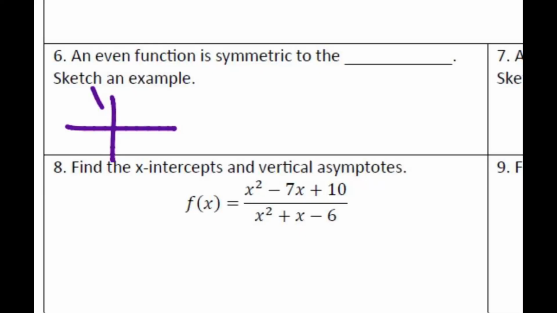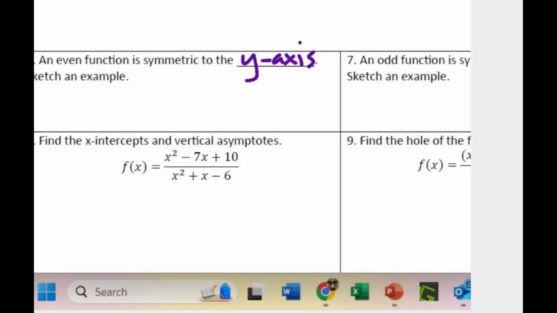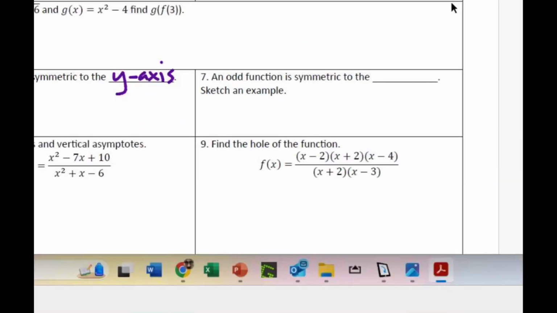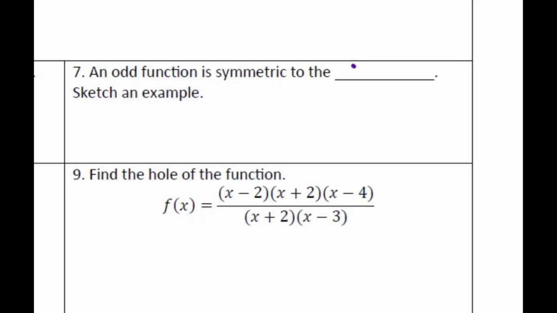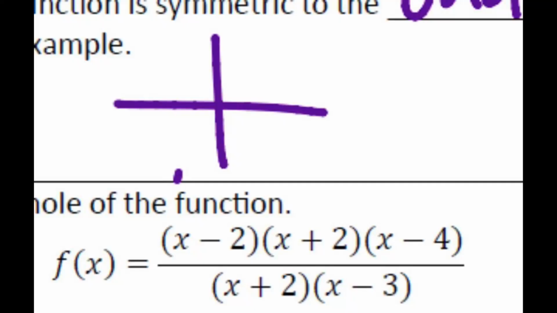Okay, an even function is symmetric with respect to the y-axis, so they have to be mirror images along that y-axis. This would not be symmetric to the y-axis. An odd function, thinking about cubic, they're symmetric to the origin. So if you were to take this and rotate this 180 degrees, you should get the same graph.